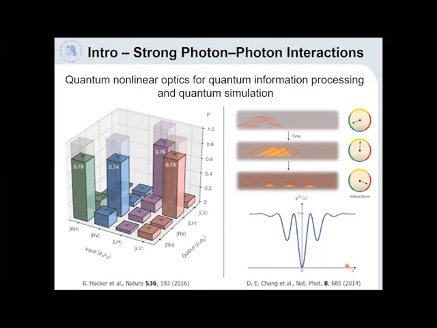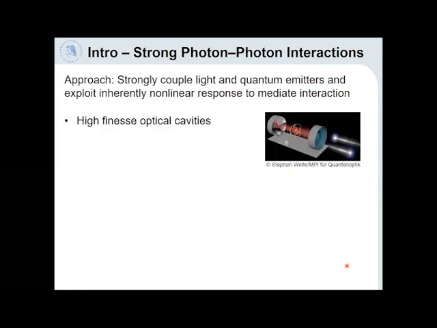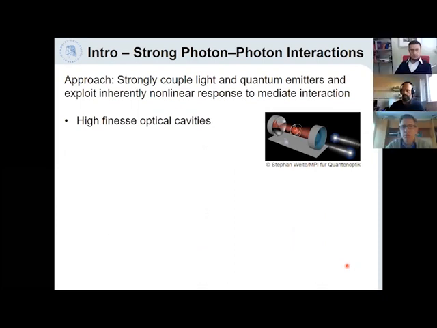So if you want to achieve such a strong photon-photon interaction, then the conventional, let's say, approach is to strongly couple light with a quantum emitter and then make use of the inherently nonlinear response that such a quantum emitter has when interacting with photons in order to mediate the interaction between the photons.